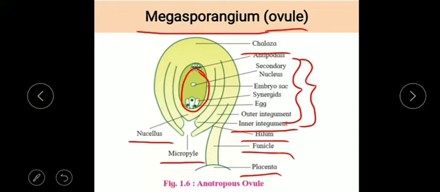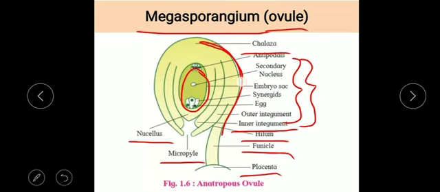Next part you can see is the hilum. The hilum is a point of attachment through which the funicle and the body of the ovule are attached. So that is the hilum. Now one more thing is very important, but it has not been given here, but still I'm telling you, remember this part.